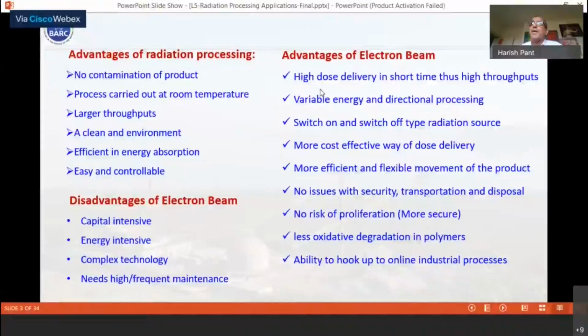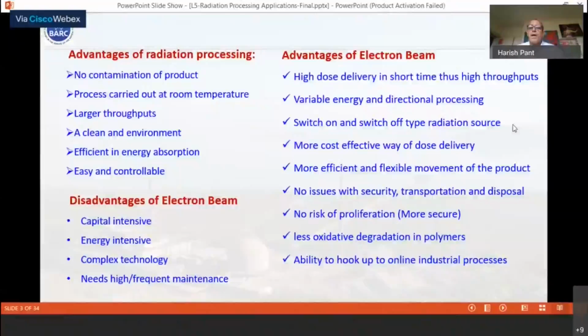While in the case of a radioisotope source, we have a fixed energy, like from the cobalt-60 source, only two gammas, one of 1.17 and the other 1.33 MeV, are produced. So you can consider them almost monoenergetic sources. But in the case of an electron beam, I can produce electrons of any energy or X-ray beams of any energy.